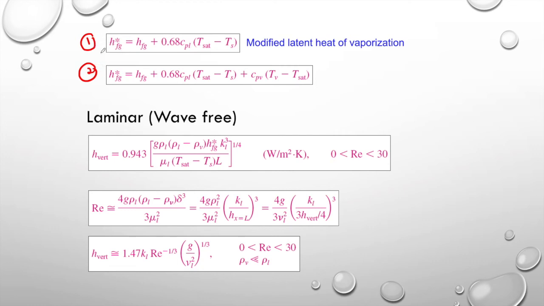Both of these have a different condition. For condition number 1, we will use this equation when we have the saturated liquid below T saturation. And then the second one is superheated vapor. Of course, we are not dealing with a superheated vapor, therefore we will use the number 1 equation.